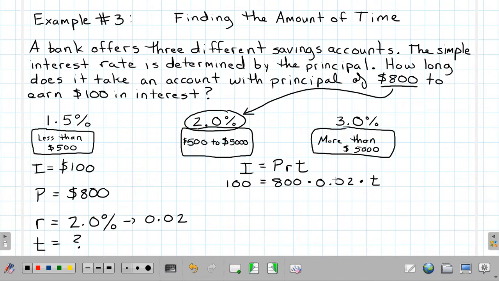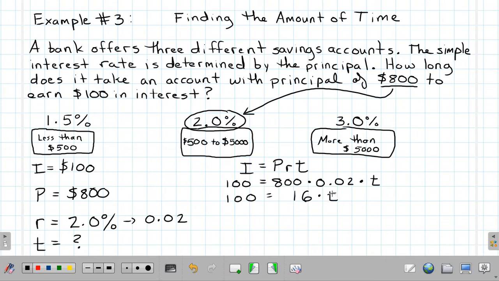So now we got to simplify a little bit and then solve for T. So we can do 800 times 0.02. Once again, not something I'd imagine people will be able to do in your head, but if you're clever about it, you might not need a calculator, but double check yourself. 800 times 0.02 is actually 16. And then we're looking for t.